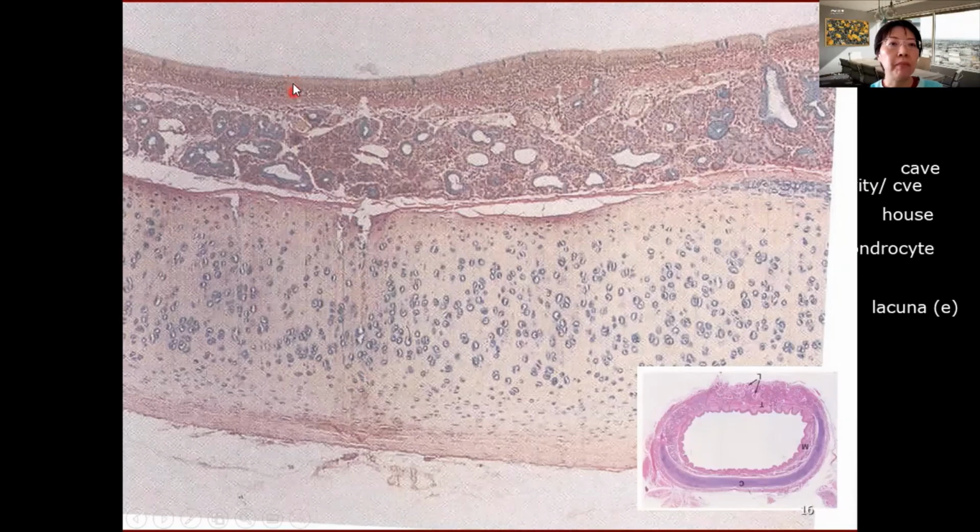This one is pseudo-stratified ciliated columnar epithelial cell. This is the cartilage. And then you can see some smooth muscle cells here. Why? Because you got flat elongated nuclei. Usually you will find smooth muscle cell at the edge of the cartilage, on the top and bottom.